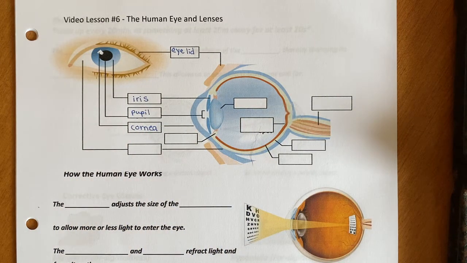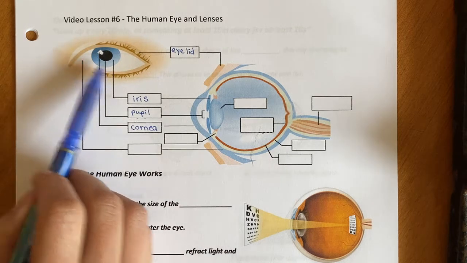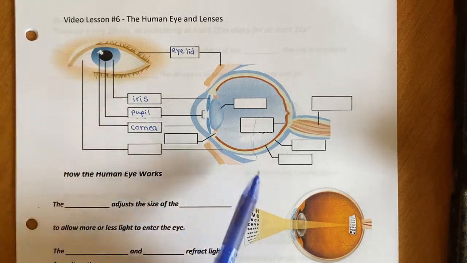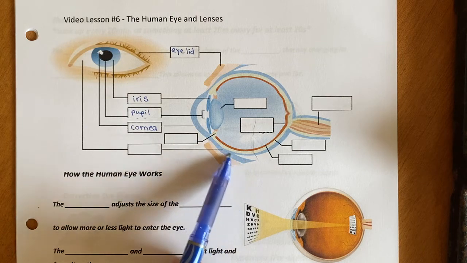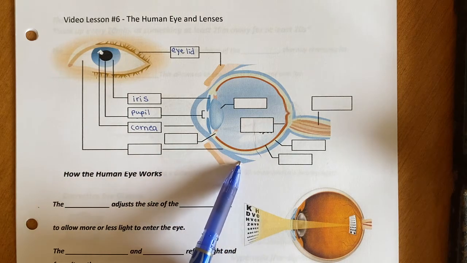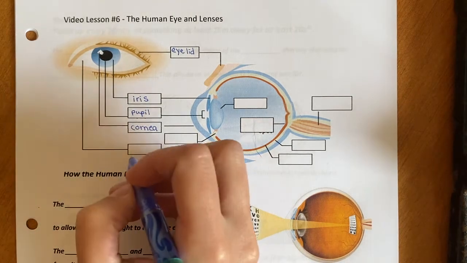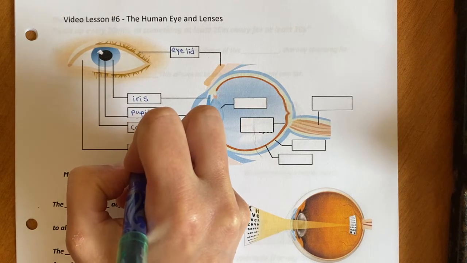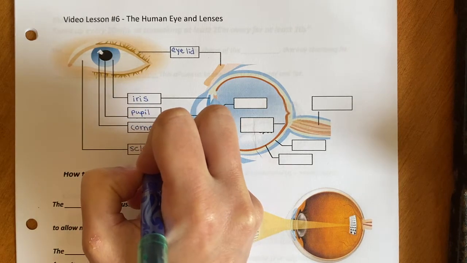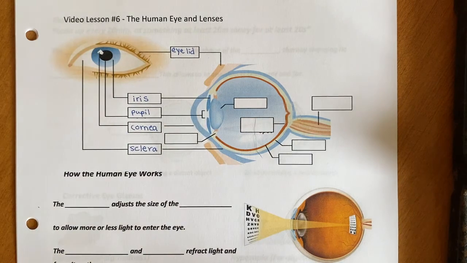So it's involved in both of those processes. Then this white part that surrounds the whole eye, and in this diagram it's shown with this light blue color, is the sclera. And it's a hard white protective covering.